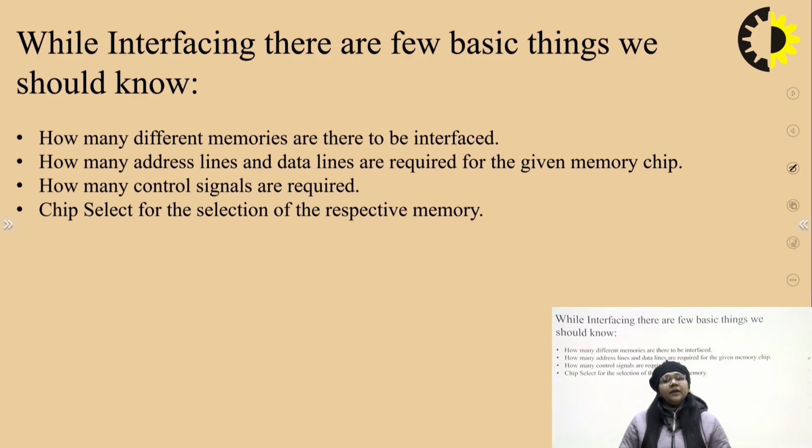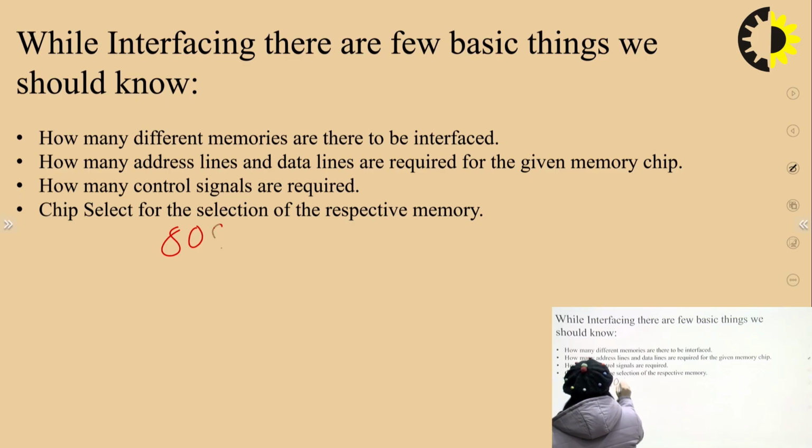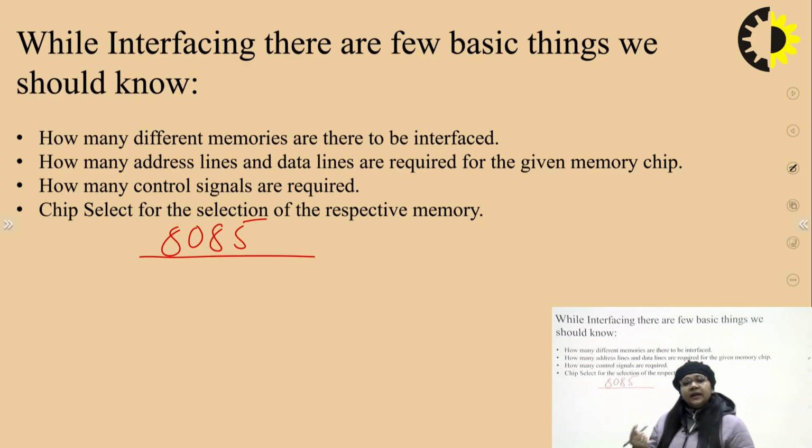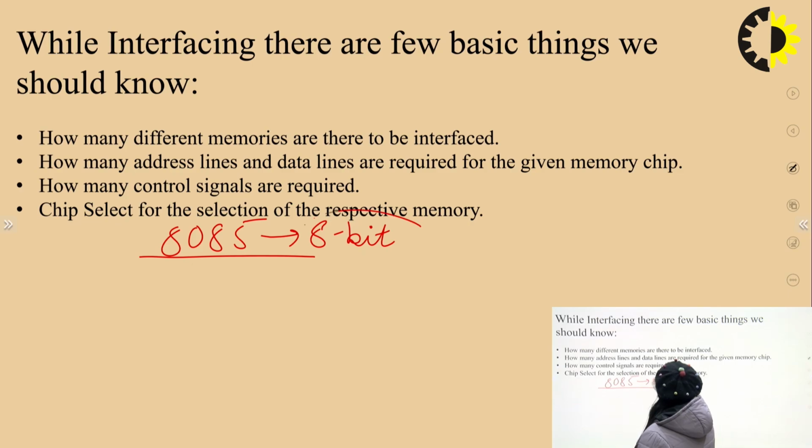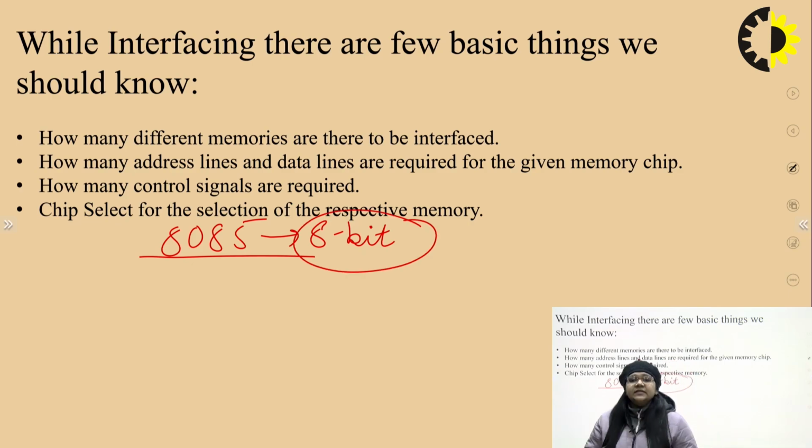The second thing is how many address lines and data lines. As we all know, the 8085 microprocessor is an 8-bit microprocessor. What does 8-bit signify here? It signifies how many bits can be transferred in a single cycle.